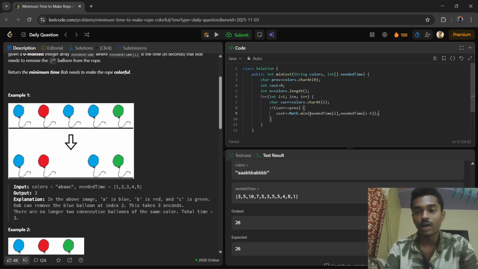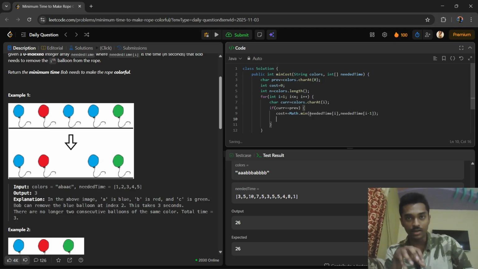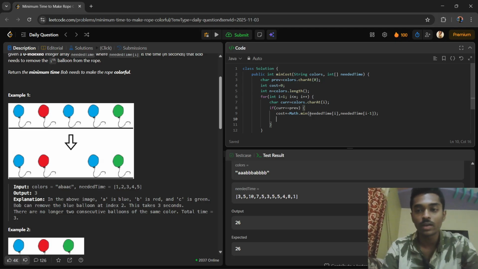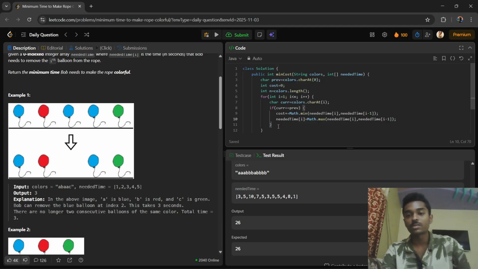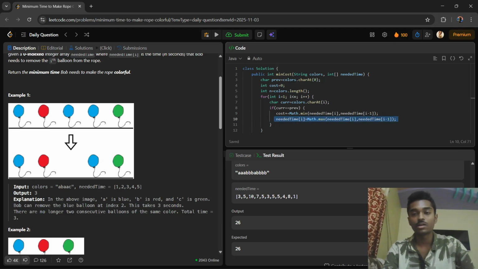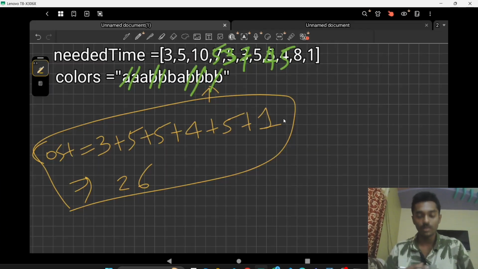After that, if we remove our current, we have to exchange them, so neededTime of i is nothing but the maximum of both, Math dot max of neededTime of i comma neededTime of i minus 1. Let me explain this line.